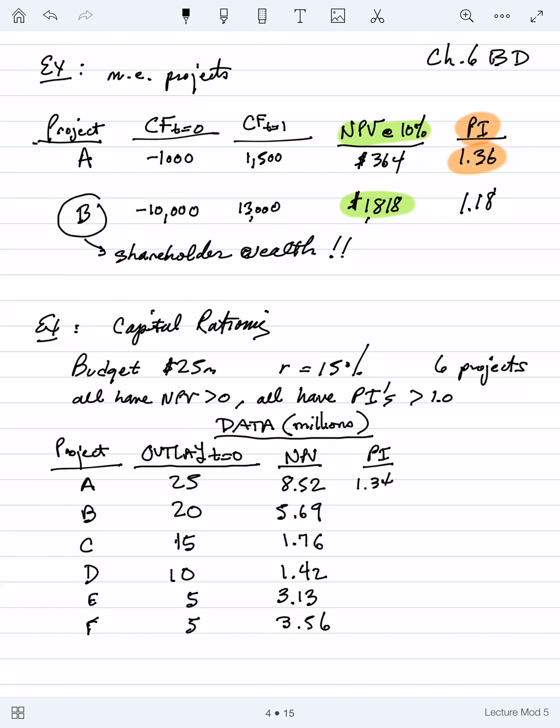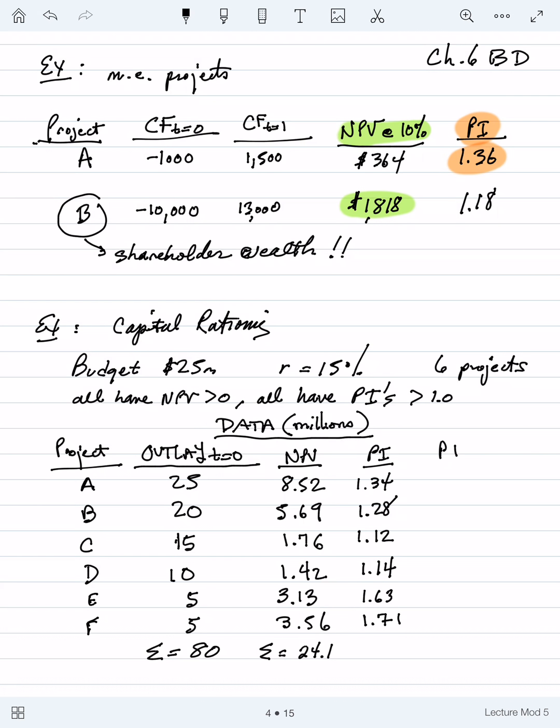Let's say we got 1.34, 1.28, 1.12, 1.14. E is 1.63, and F is 1.71. Now, the sum of the outlays, so that's 20, 40, 50, 60, 70, 80 million. The sum of the net present values is 24.1 million.